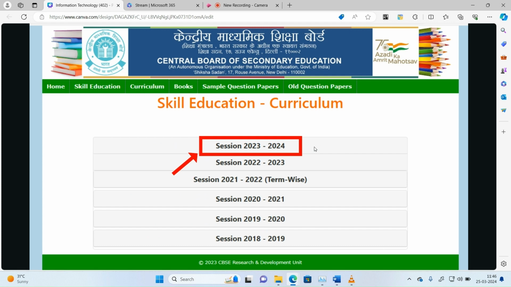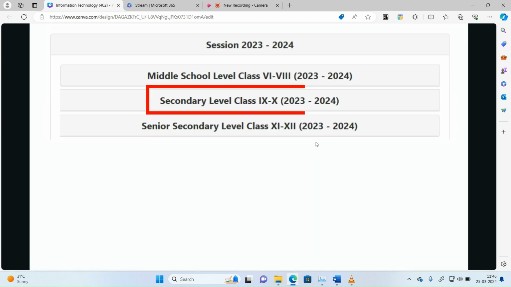So you can just click on this and you'll be taken to another page from where you have to select class 9th and 10th, that is secondary level, because there are curriculums for middle level and senior secondary level also. Once you do this, you'll be able to see all the list of subjects.